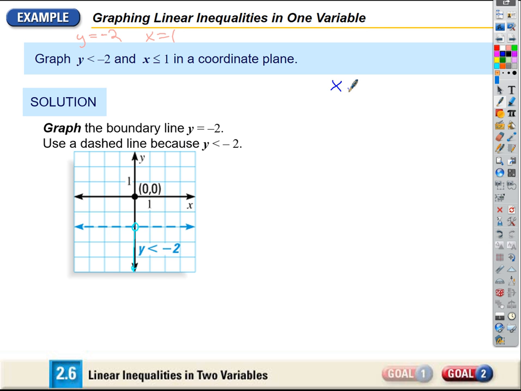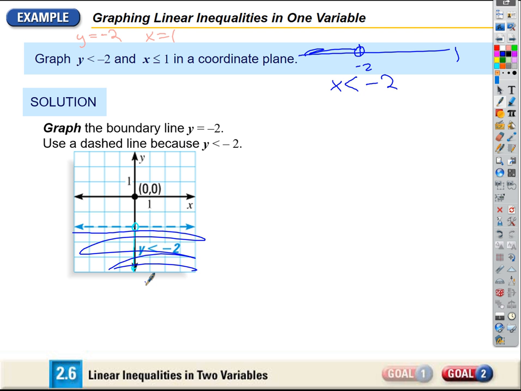Yesterday, not today, if we graphed x is less than -2, you all would have told me at -2 we're putting an open circle and going to the left. Do we agree? We just took that thing and tilted it up, and there it is. But the only thing is here, we're graphing on the xy plane, so x could be anything. So we have to take that whole thing and smear it out sideways.